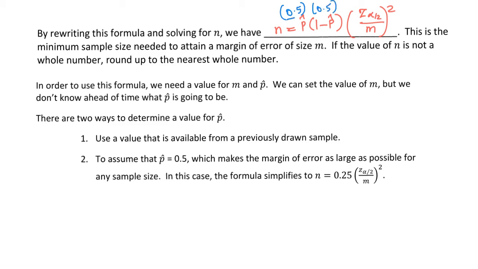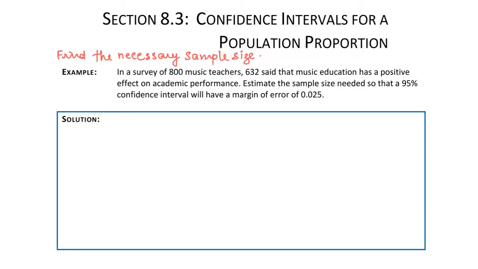If you multiply these two, you will get 0.25. So we will use this formula to calculate the sample size when p cap is not available. And remember that we always round up n if n is not a whole number.